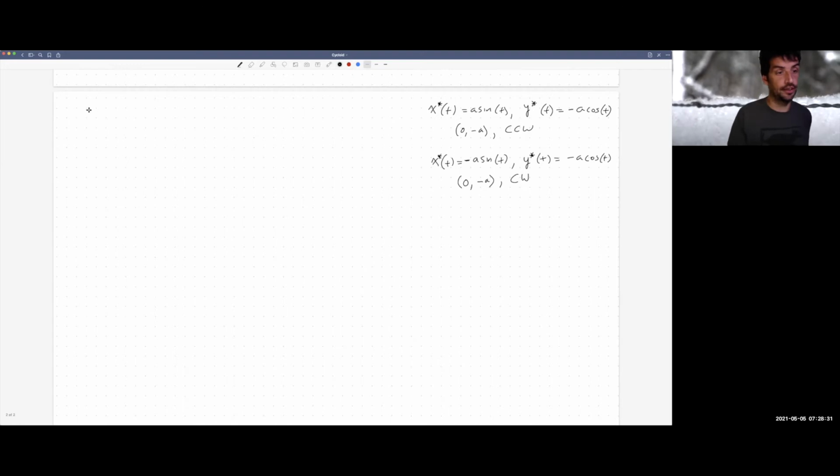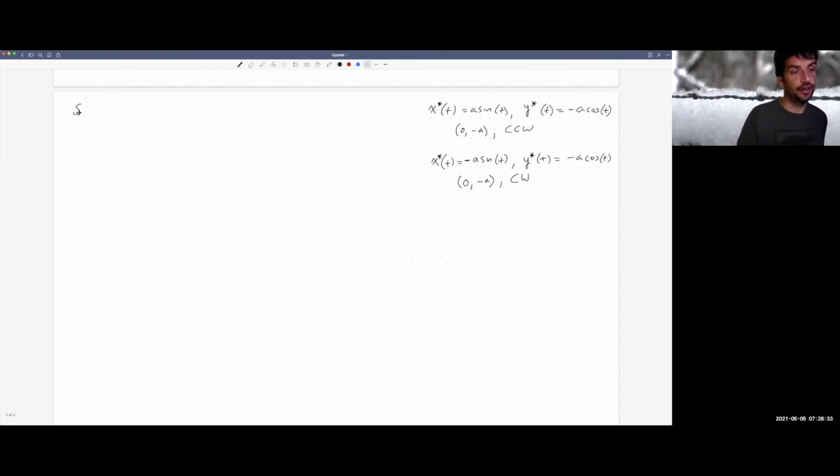So let's write this here. Our parametric functions so far. We have x star of t is equal to negative a sine of t, and y star of t is negative a cosine of t.